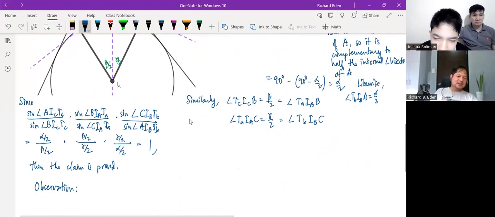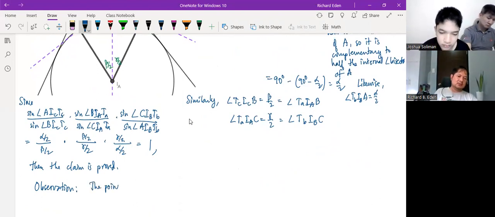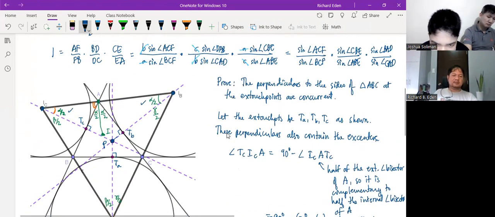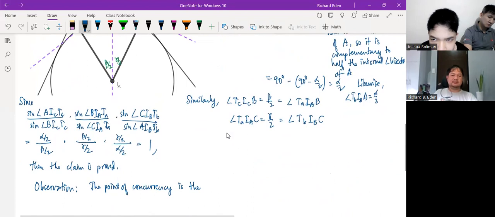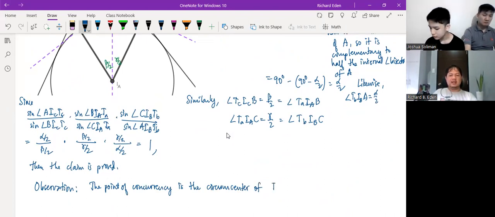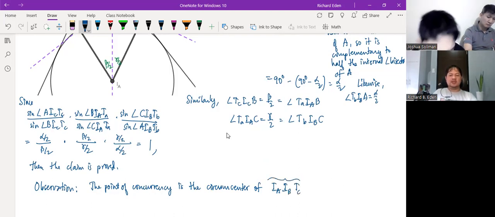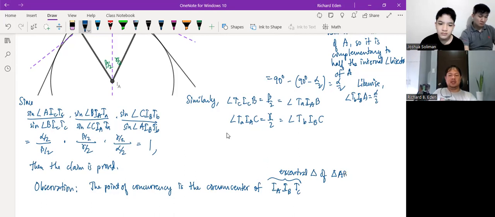The point of concurrency is the circumcenter of IA, IB, IC, which is the excentral triangle of triangle ABC.